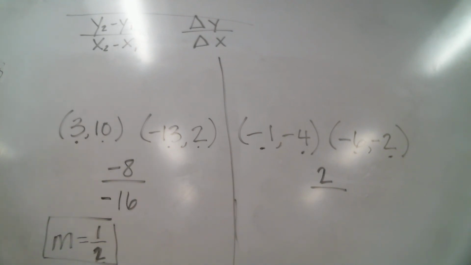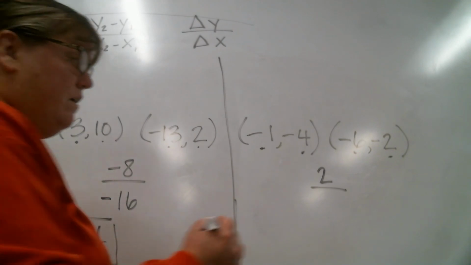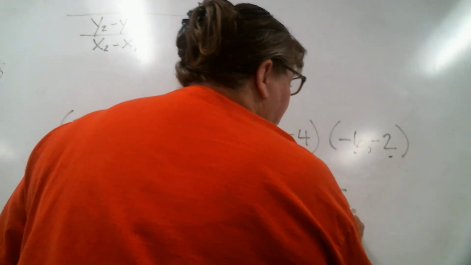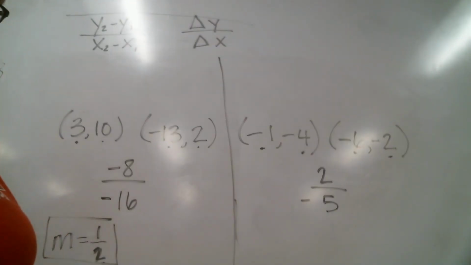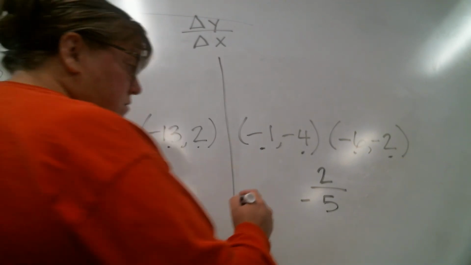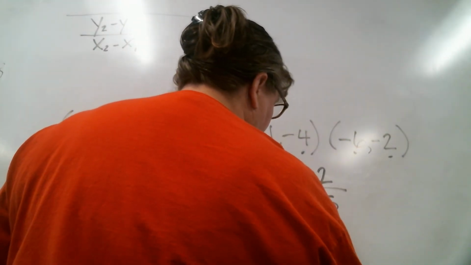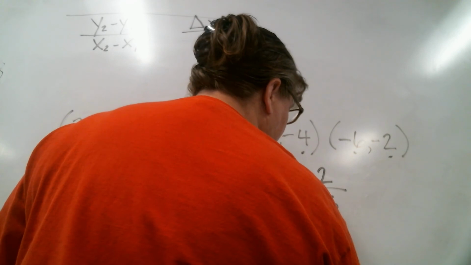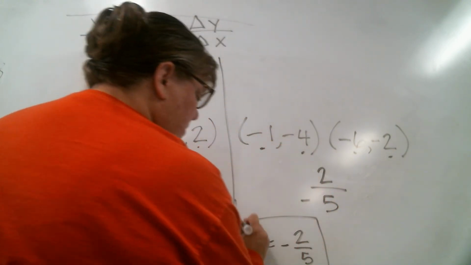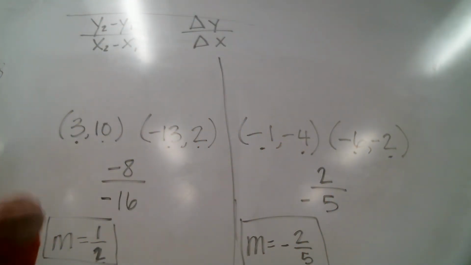So you're at -1 and then you're moving further into the negative to -6. So that'd be a jump backwards of 5. So -5. So our slope would be -2/5. So m equals -2/5.